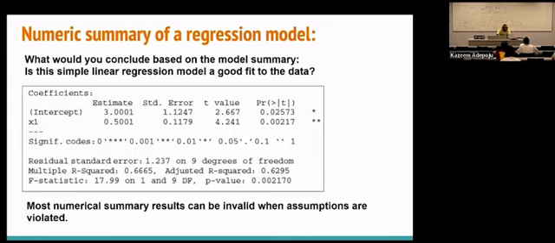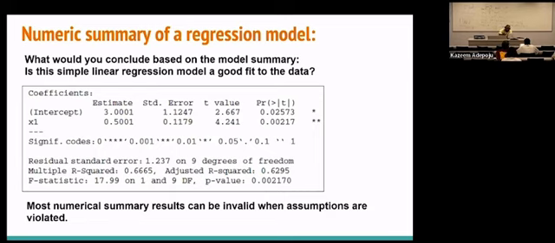Is this simple linear regression model a good fit to the data? What is the essence of using a model? The essence of using a model is basically to capture reality. I told you the other time. How do I know my model has done a great job? That is why we need to investigate whether the assumptions underlying the use of the model hold.